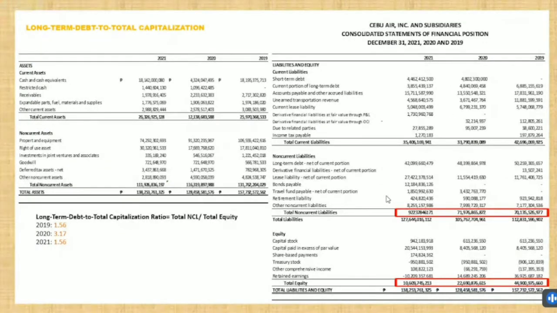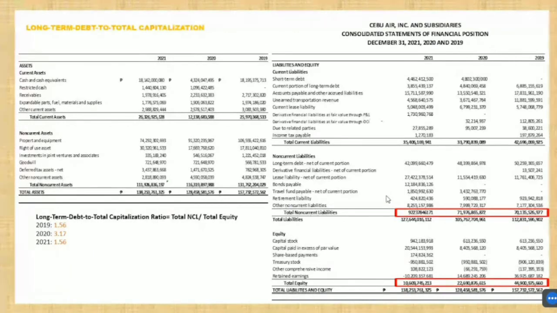As ito din ay na-mention na kanina ni Mayflower, kung saan sinabi niya na yung weakness ng Cebu Air nga ay yung sobrang laking fund sa property and equipment, which hindi naman natin masisisi dahil they will basically invest in planes that are in trend and will suffice the want of the customers for efficiency and effectiveness also of their operations.